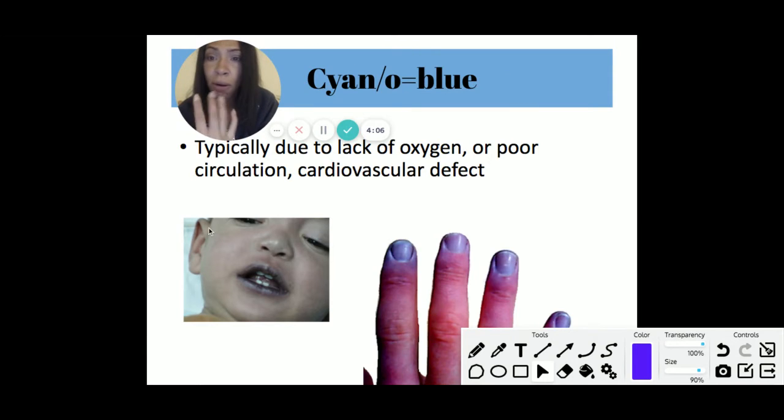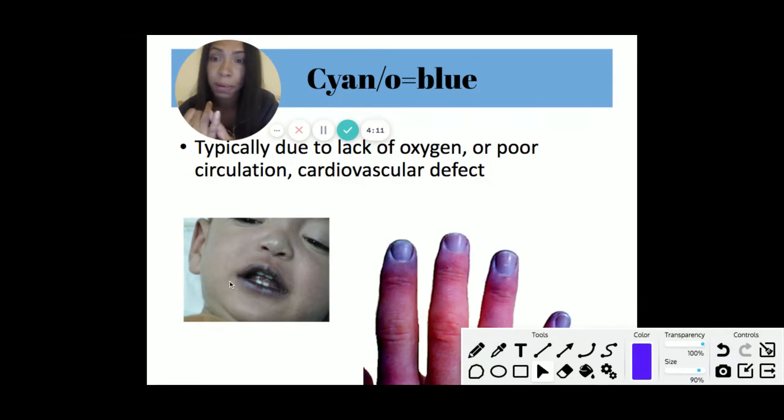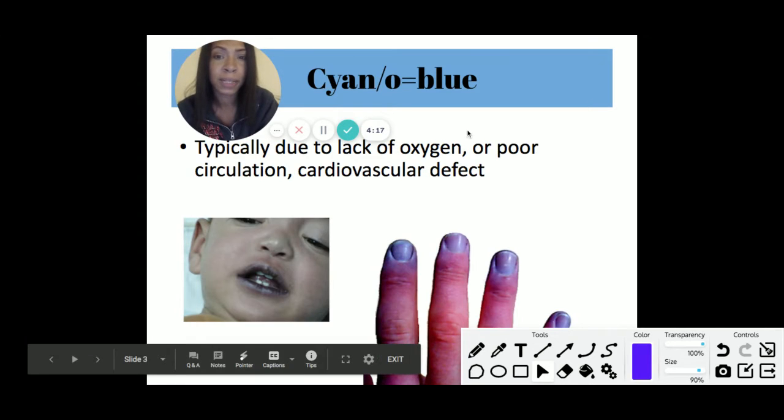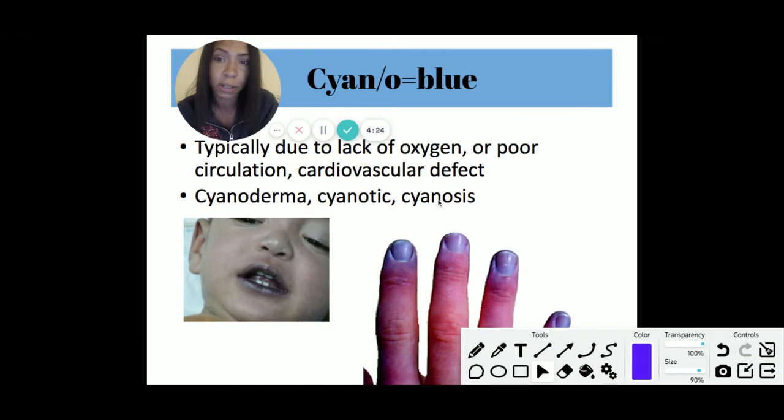We could also see overall blueness in color if, for example, you were to stop breathing, your heart were to stop, or your heart were working very, very poorly. So if we see cyanoderma, blue skin, or cyanosis, we should be very concerned. Cyanoderma would simply mean blue skin color, right?